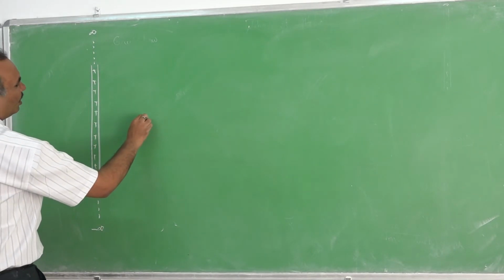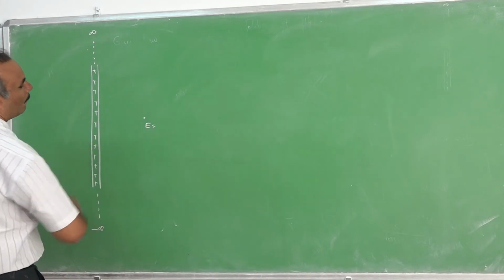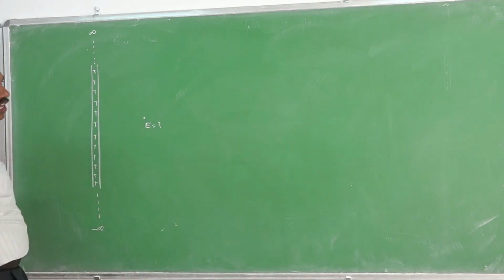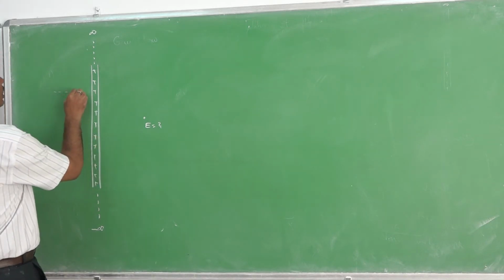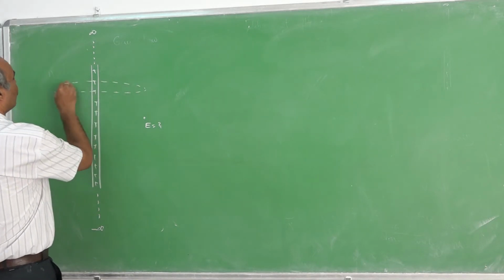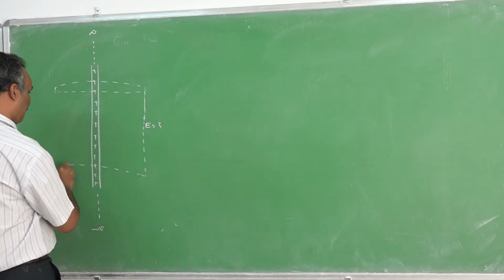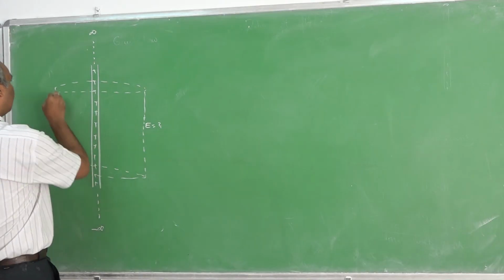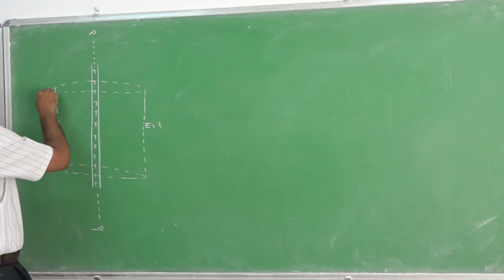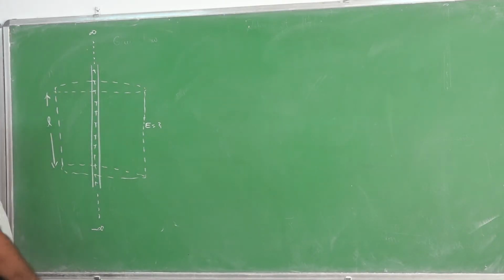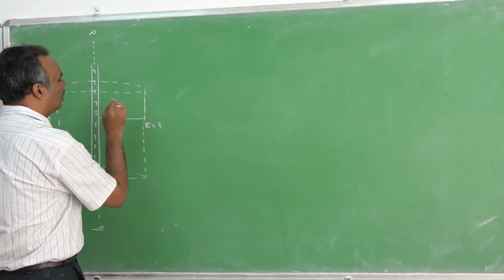We need to find an electric field here. In order to find electric field, I need to consider a Gaussian surface of any shape. Let me consider a cylindrical Gaussian surface which is passing through this point, maybe having some length L. I need to calculate electric field strength at a distance r from the conductor like this.